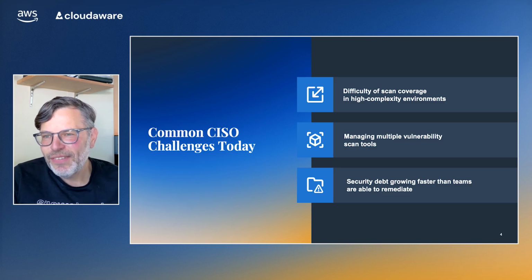It's a unicorn, and everybody ends up with multiple tools. And one of the most common objections that I hear in relationship to AWS Inspector, I'm just going to say it straight out, is, "Well, it's an AWS only tool," and my answer to them is, "So what?